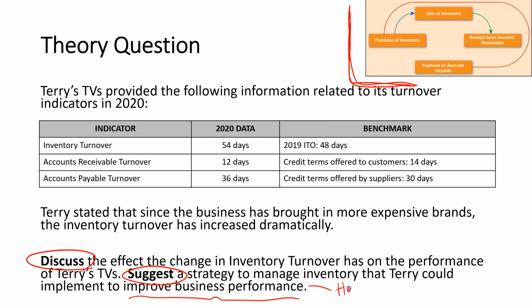And so really strong results and responses will not only tell us what the strategy is, but they will say, how will it improve performance? How is it going to change, in particular, the inventory turnover?